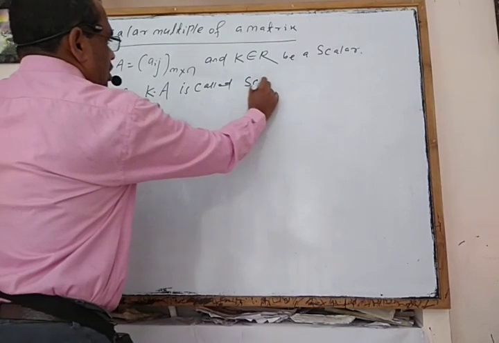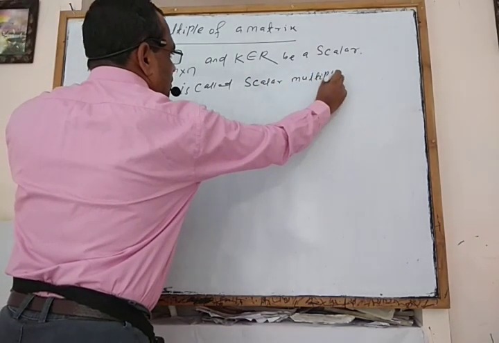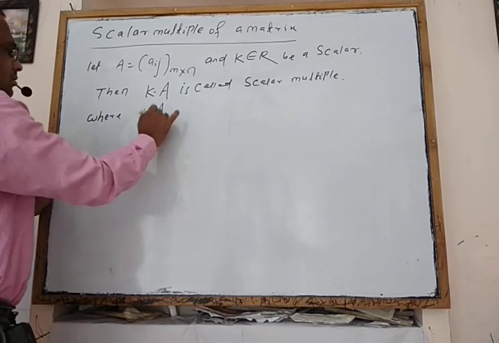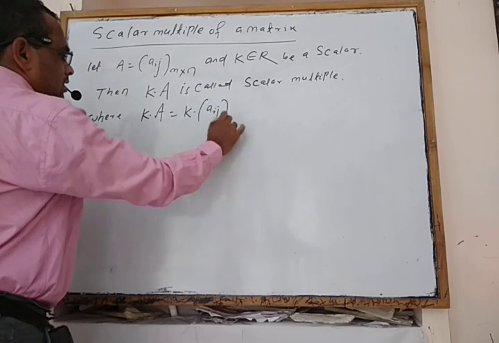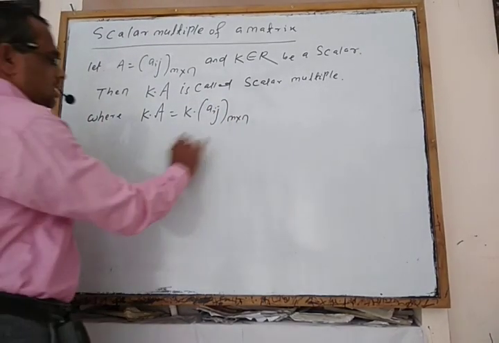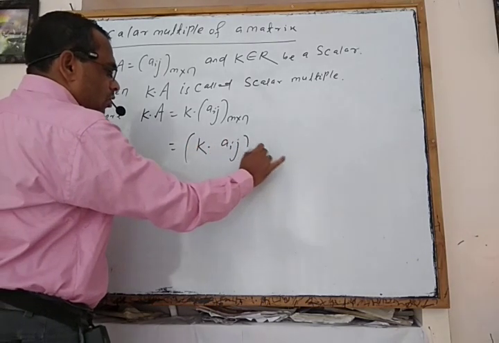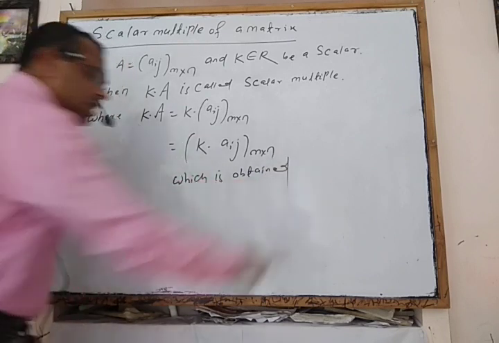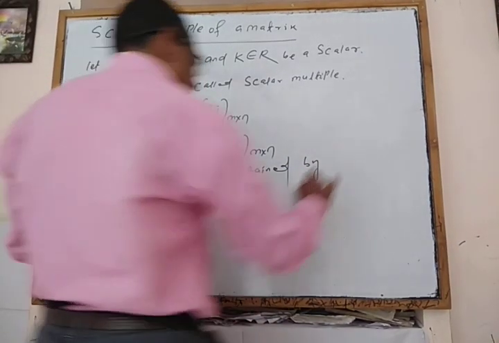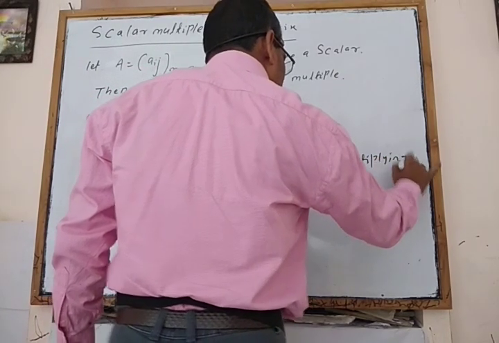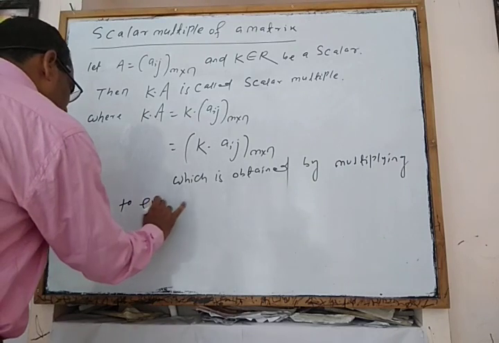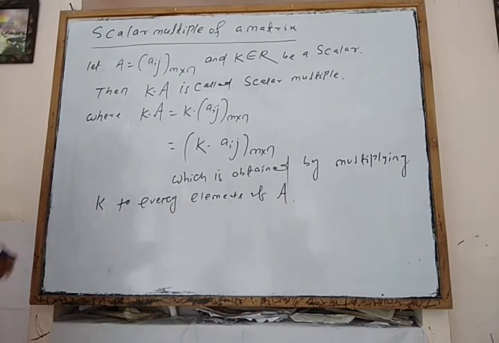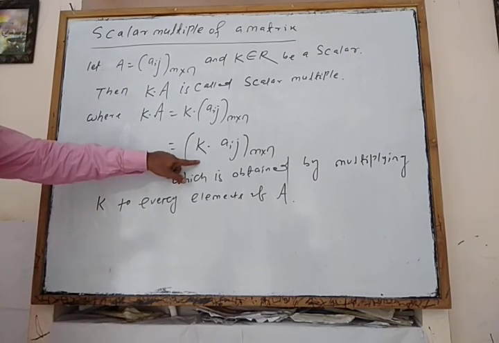This matrix k into A is called a scalar multiple, where k into A is equal to [k into aij] of order m cross n, which is obtained by multiplying k to every element of the matrix A. Scalar multiple means you have to multiply k to each element of that matrix.